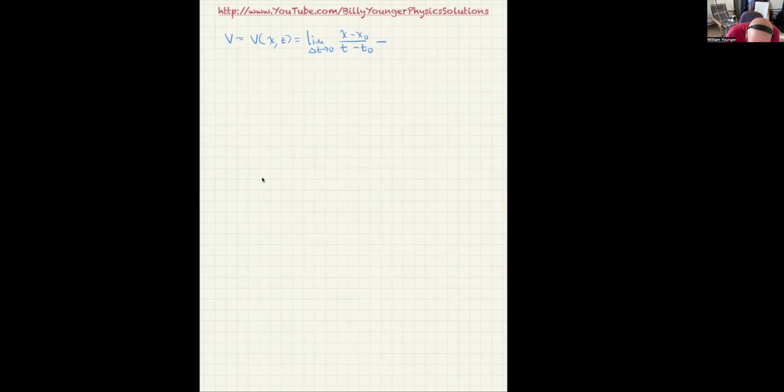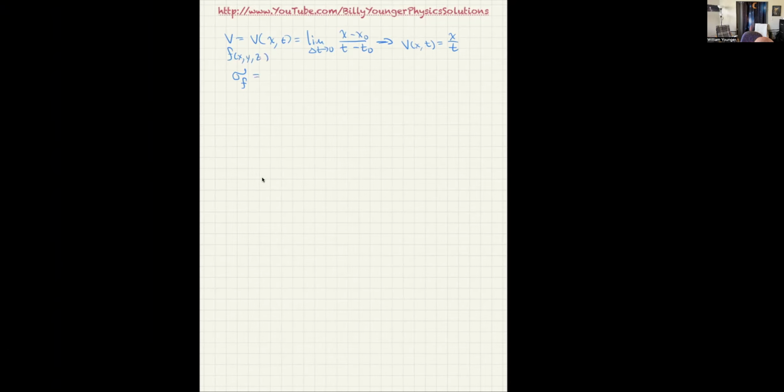So in principle, all we really have to do is say that v of x and t is just equal to x over t. The propagation of error formula when there are multiple variables is the uncertainty in f, where f is a function of x, y, z, and you could have any other number of variables, of course.